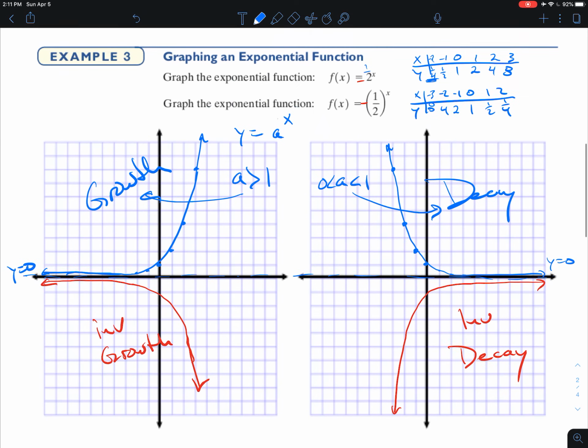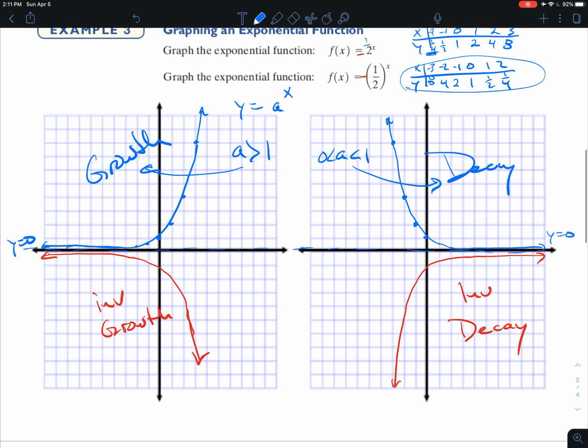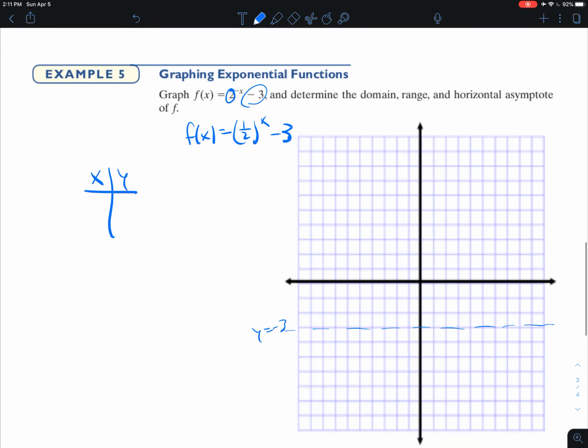They're all going to be the same points as this guy here, but all the y values are going to be shifted down 3 units. So instead of 0, 1, it's going to be 0, negative 2, because anything to the 0 power is going to be 1. 1 minus 3 is negative 2.